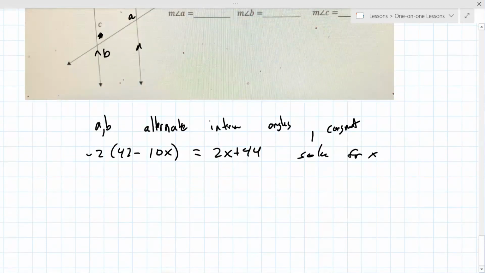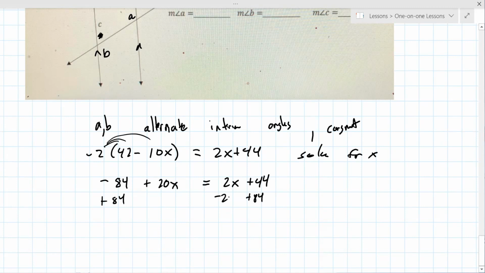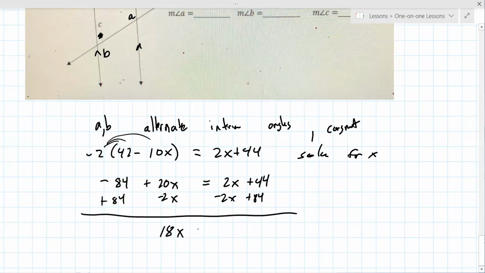So to do that, what most students would do here is they distribute this -2. -84 plus 20x equals 2x plus 44. If you add 84 to both sides and subtract 2x, you end up getting 18x equals 128.